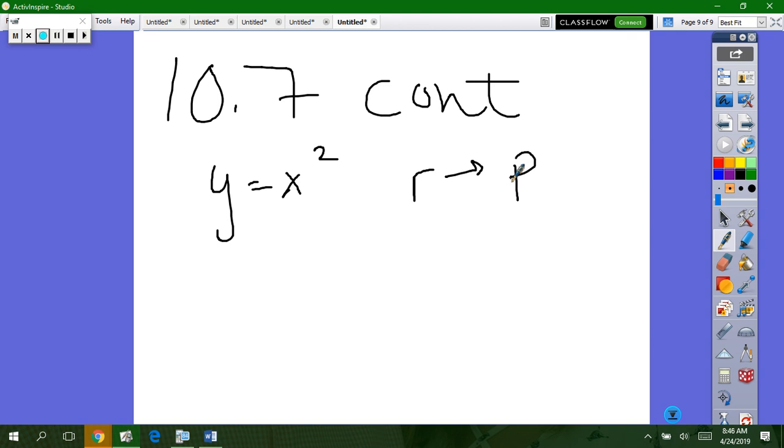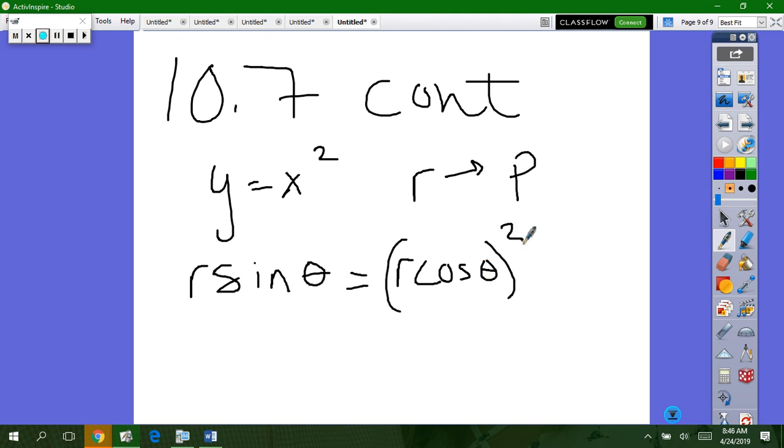What do we know y is? Y is r sine of theta. What is x squared? R cosine theta squared, because it's x squared, right? Because we know x is r cosine theta, y is r sine of theta.